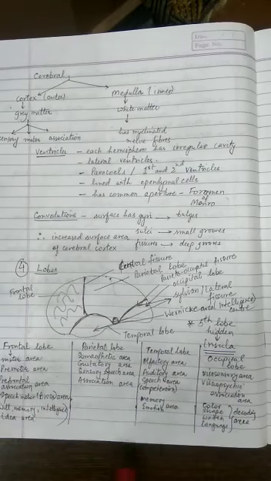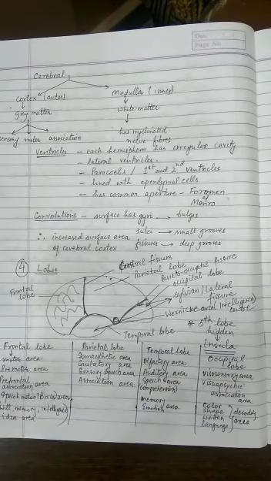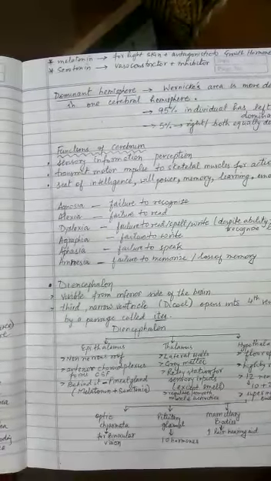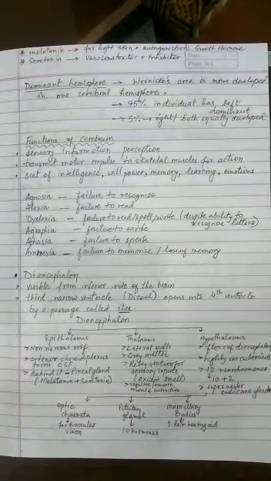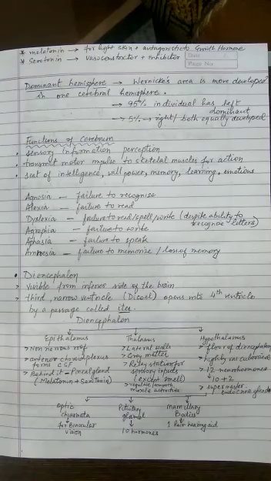We learned their functions also in detail in the last class, and a major thing we learned is that in 95% of the human population, the left portion of the cerebral hemisphere develops first. Because the left side controls the right side, maximum people are righty.